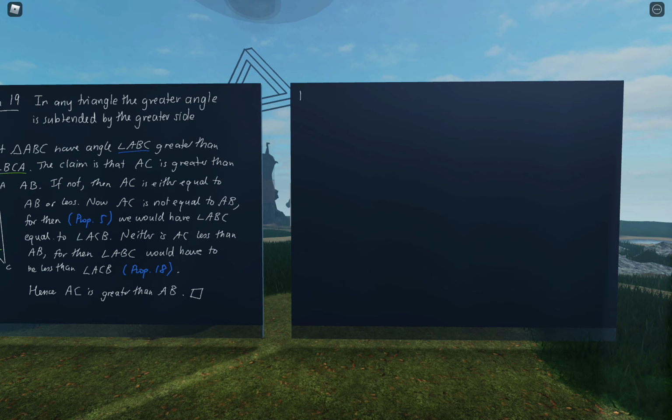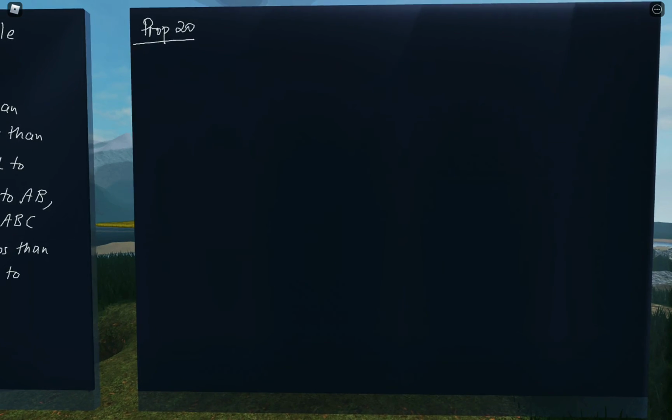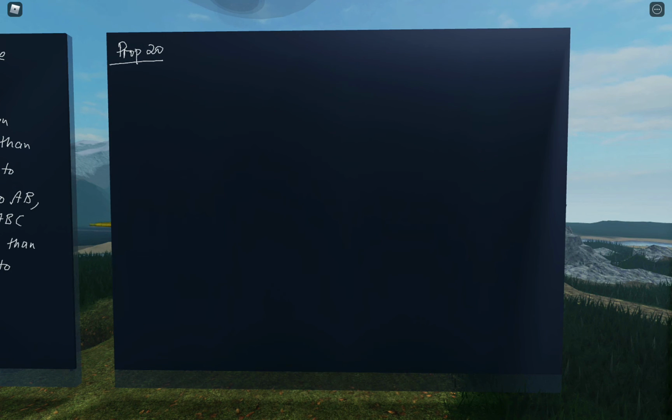Okay, so proposition 20. Any triangle has two sides whose sum is greater than the remaining side. Basically, triangle inequality.